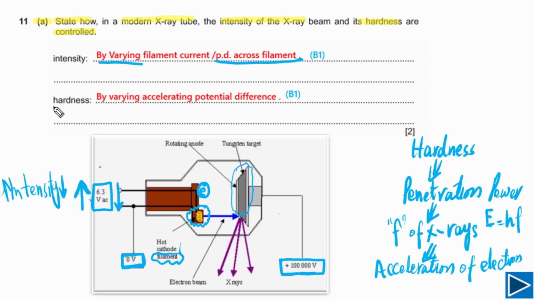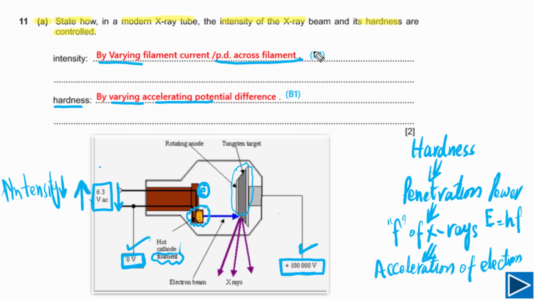In order to control hardness, you need to mention that by varying the accelerating potential difference, the potential difference between cathode and anode, by increasing it you can increase the hardness, and by decreasing it you can decrease the hardness. And by increasing the potential difference across the filament, you can increase the intensity, or by decreasing the potential difference you can decrease the intensity. This is how you can control.